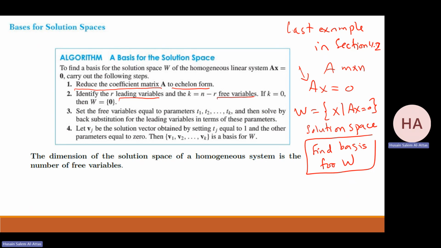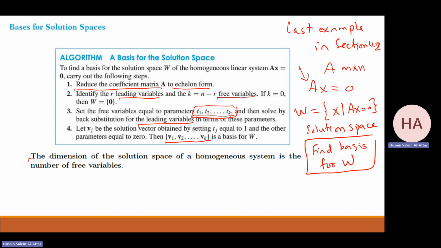The free variables you can give parameters, and then solve for the leading variables. Then you can make the vectors, by taking one of them to be 1 and the rest 0, or by taking a common factor, which is the way we'll do it.